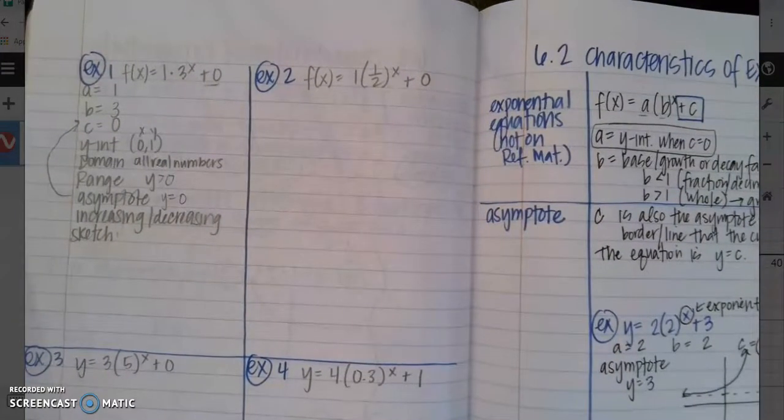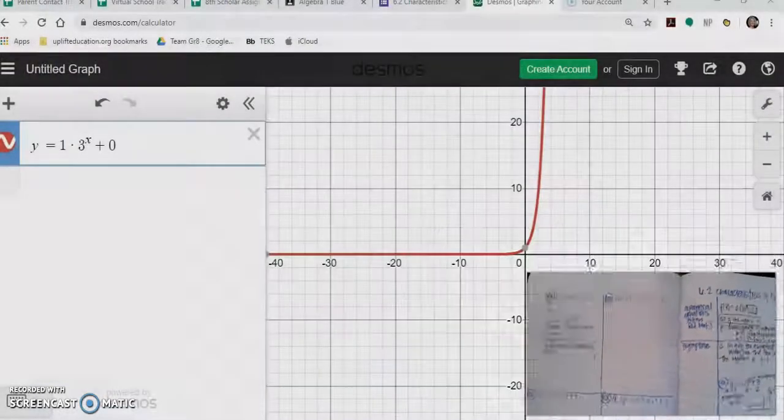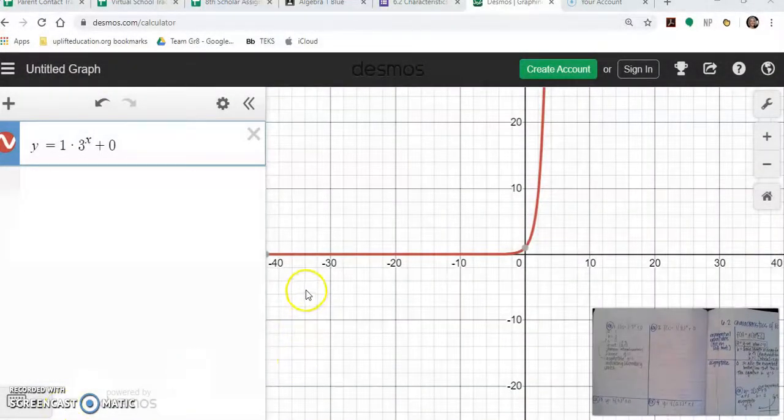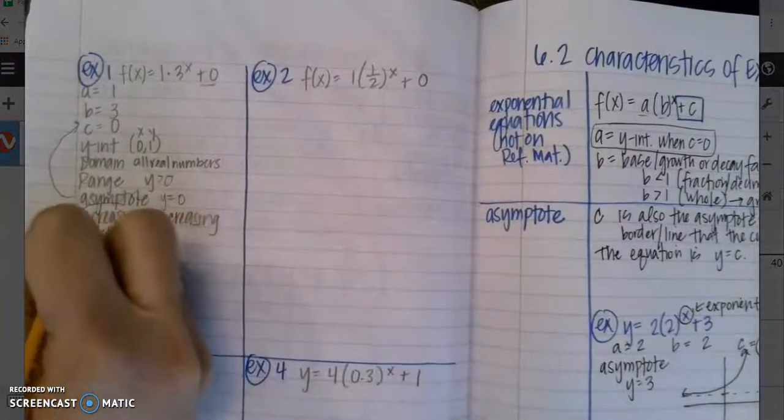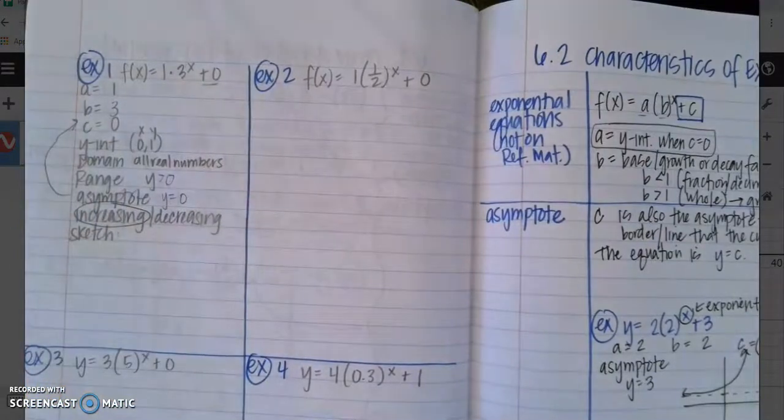Now looking back on our graph, is this curve increasing or decreasing? Increasing, or growth, is going to be going up from left to right. And so in this case, I am increasing, or this is growth.